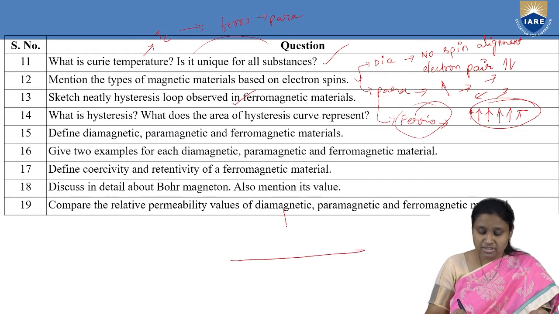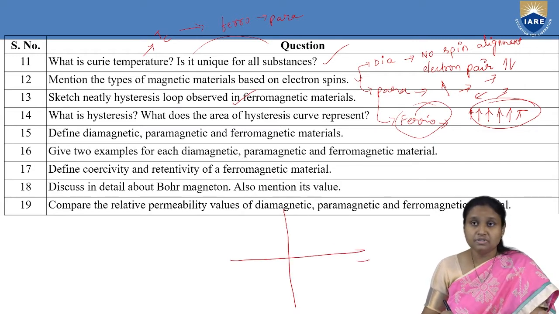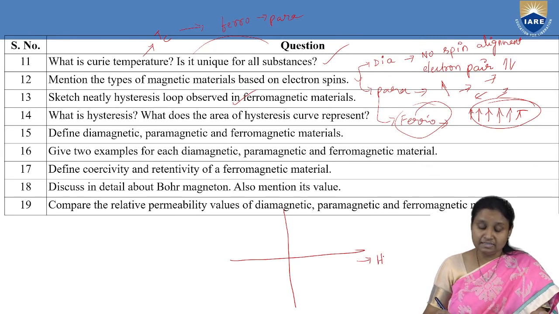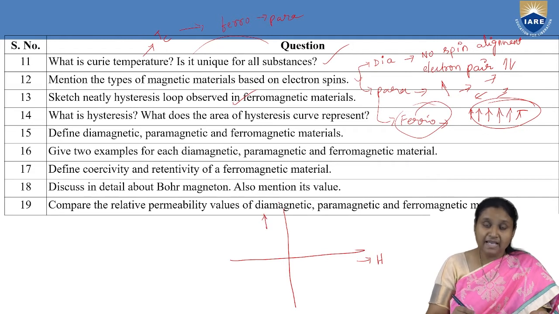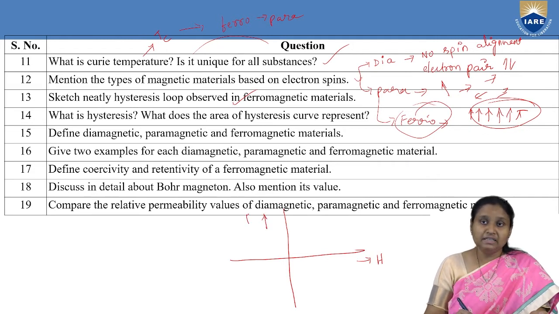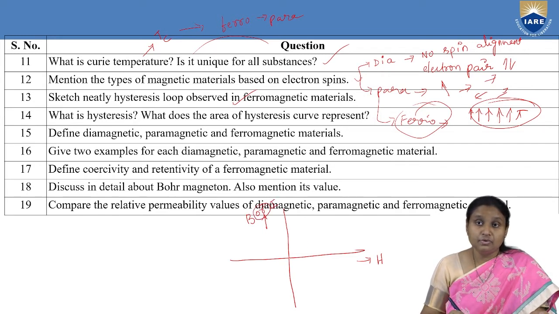So when we talk about the hysteresis loop, generally it's a plot drawn between H, which is our magnetic field intensity or magnetizing field, and on the y-axis we are going to take either magnetic induction or intensity of magnetization. Here, first when H is 0, I is also 0.